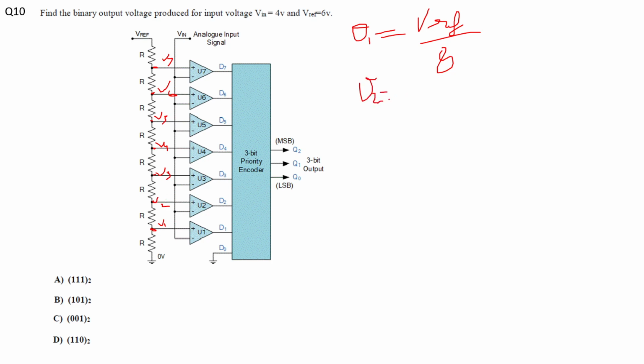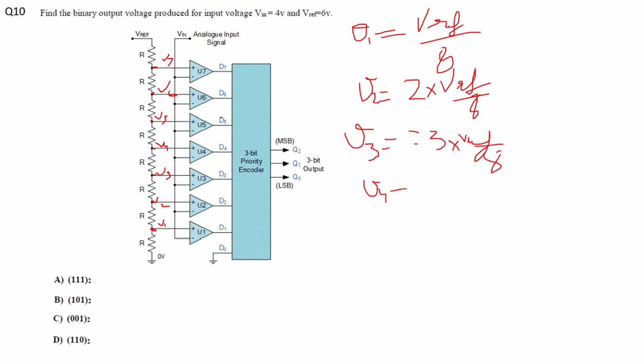Then your V2 is equal to twice Vref by 8. Your V3 is equal to thrice Vref by 8. Your V4 is equal to 4 times Vref by 8.